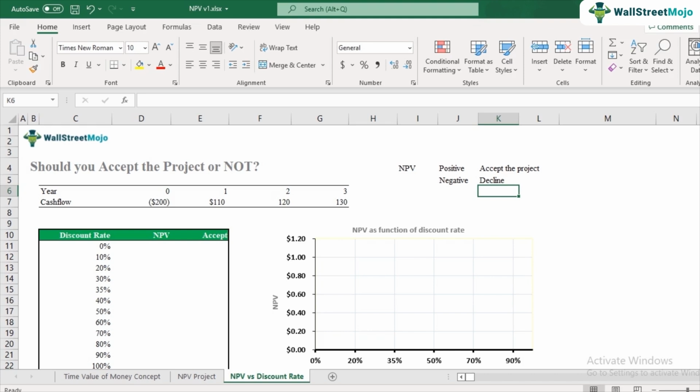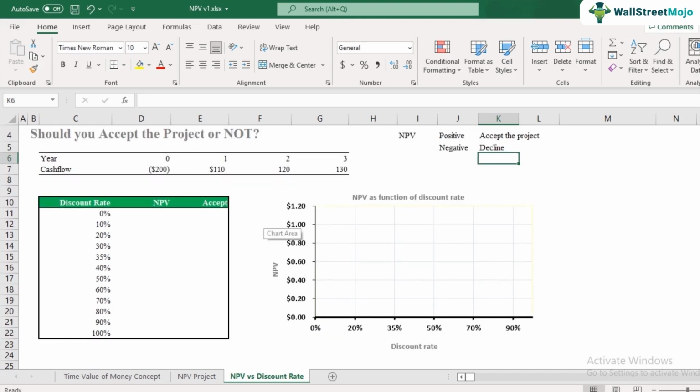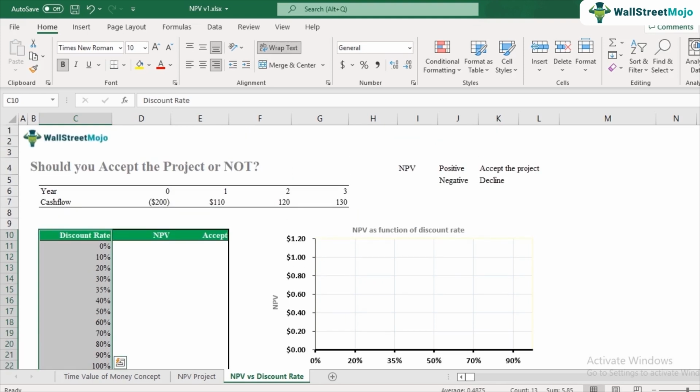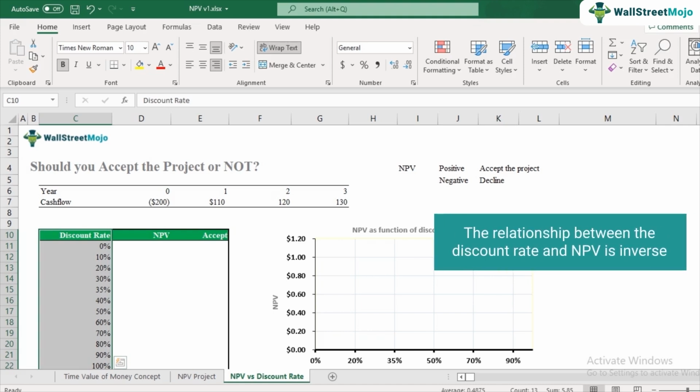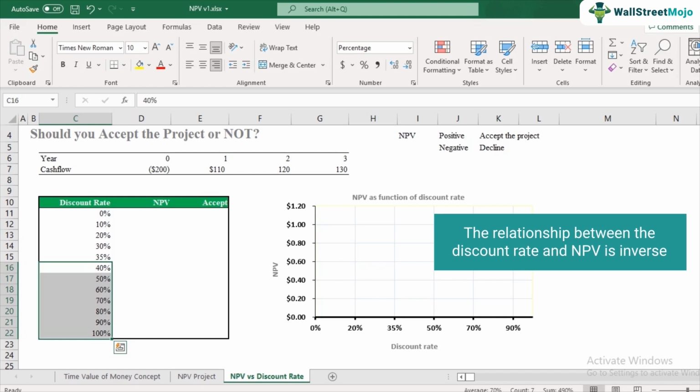All right. Now, another important thing to really look at here is the discount rate. When you calculate NPV, you might have realized that the discount rate comes in the denominator, right? When we were calculating the present value, the discount rates come in the denominator. This essentially means that the NPV has an inverse relationship with discount rates, right? So if the discount rates are lower, the NPV will be higher. And if the discount rates are higher, the NPV will be lower.